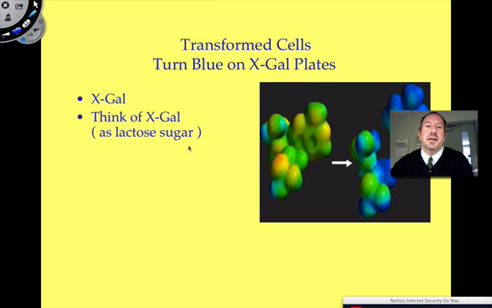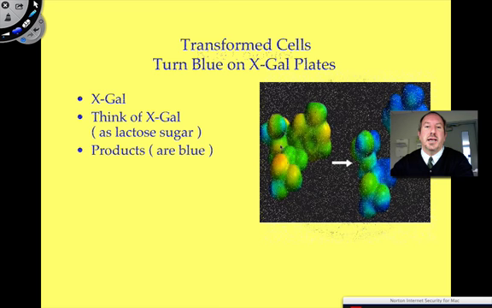So think of pGAL as lactose, and the products are blue, so you can see it, and so it's easy. We want something that's easy, so we want to say, yes, it's growing, and it's blue. So that means that if they grew on a petri dish with pGAL and ampicillin, we could say two things. We could say that they're antibiotic resistant and they're producing lactase because they're digesting pGAL.